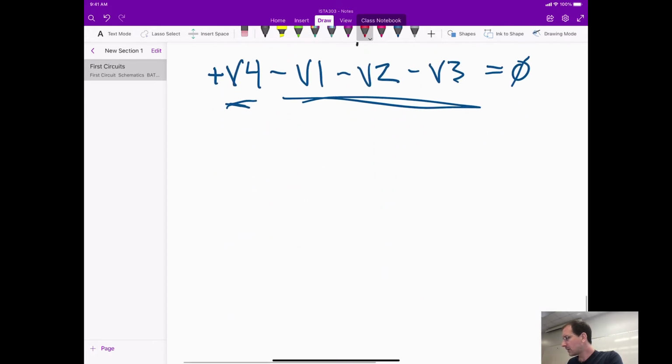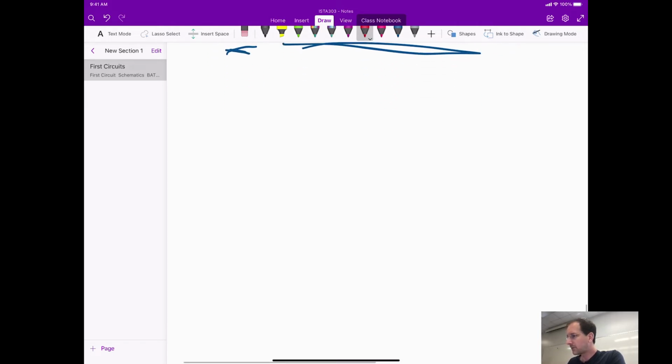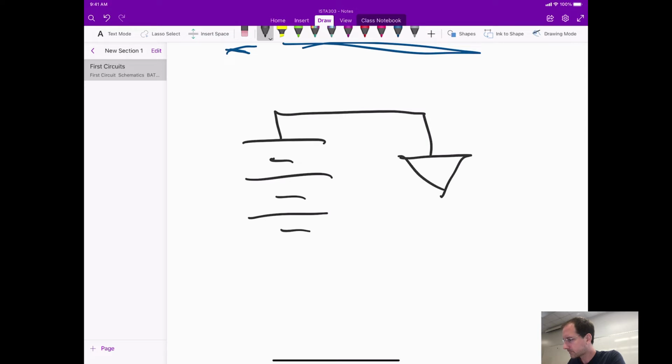So back to our really simple example here. And in fact, we're going to make an even simpler example where we just have a battery and an LED. By the way, sometimes I forget my lightning bolts, so there we go.